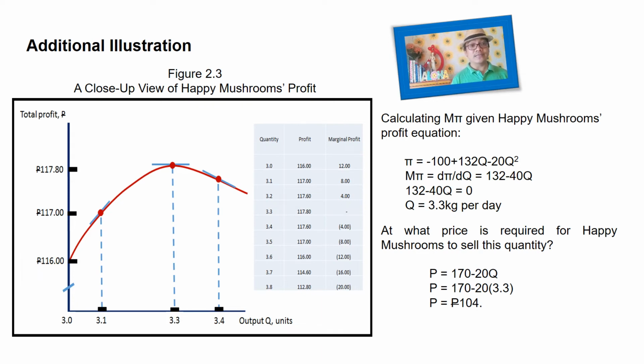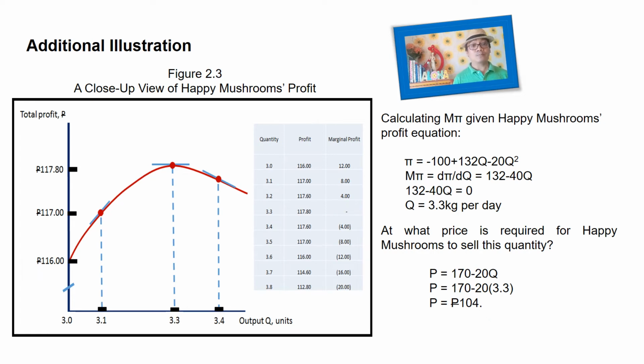Now, equating this to 0, we have 132 minus 40Q equals 0. By simple calculation, our Q, therefore, is equal to 3.3 kilograms per day. Therefore, at 3.3 kilograms daily harvest, Happy Mushrooms' marginal profit is 0. This is the output that maximizes profit.